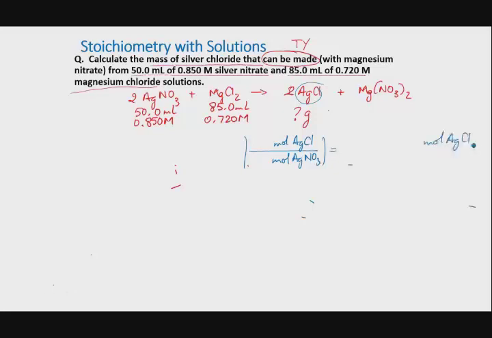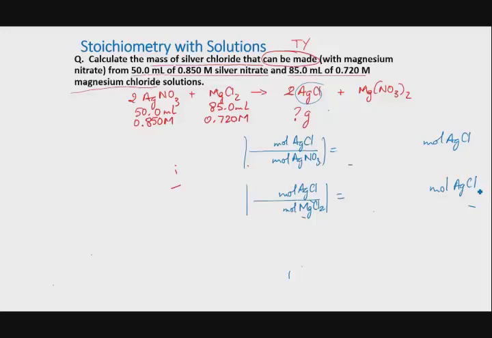And we also need to figure out the number of moles of silver chloride we can get from the moles of magnesium chloride. And then whichever reactant is capable of producing less amount of the product will be the limiting reactant. Okay, good.